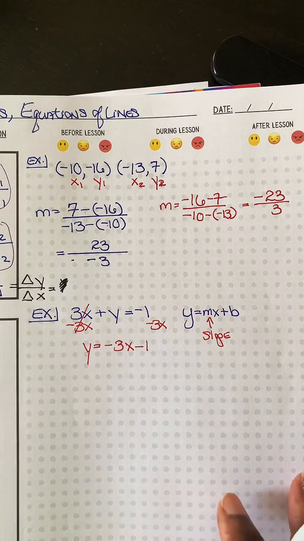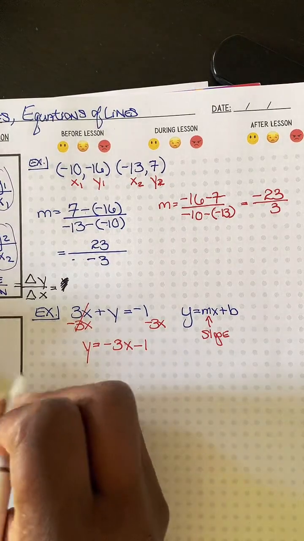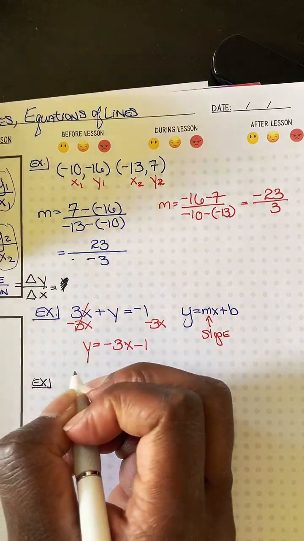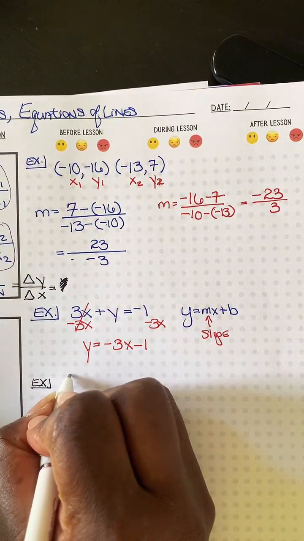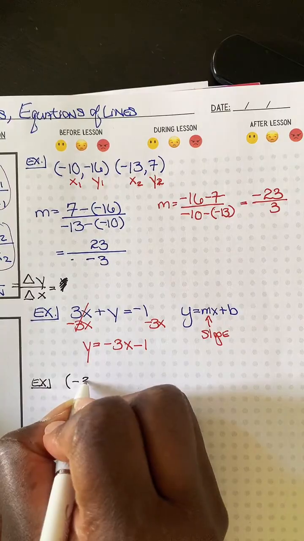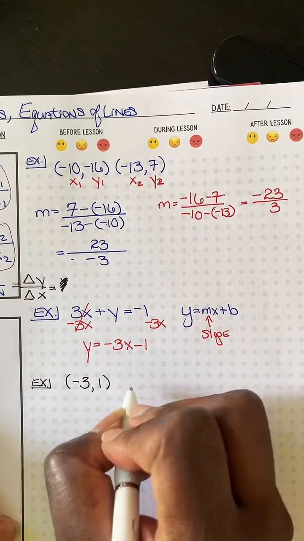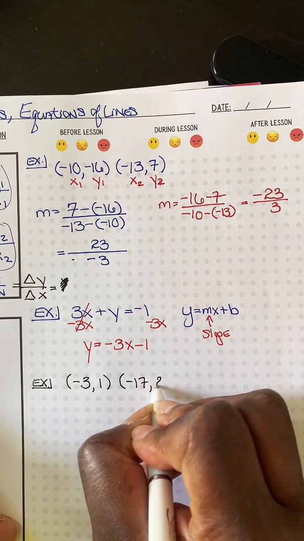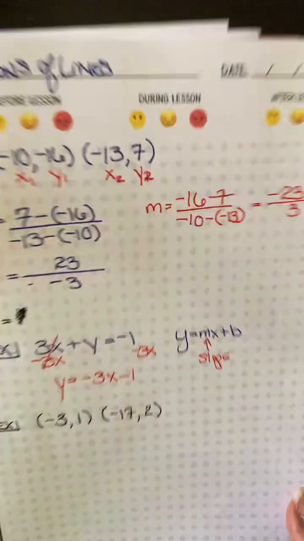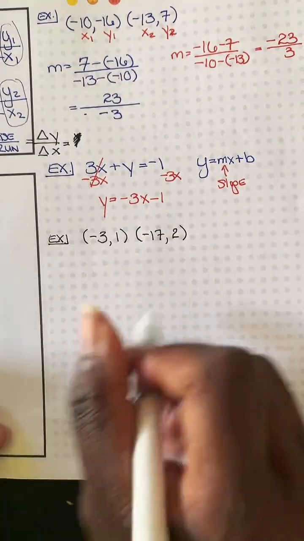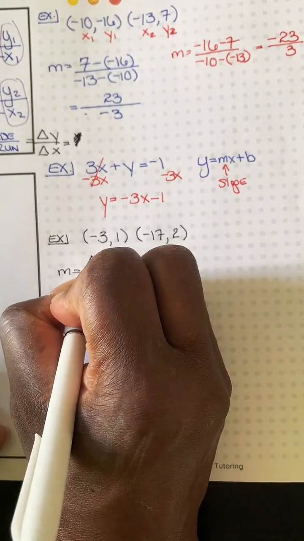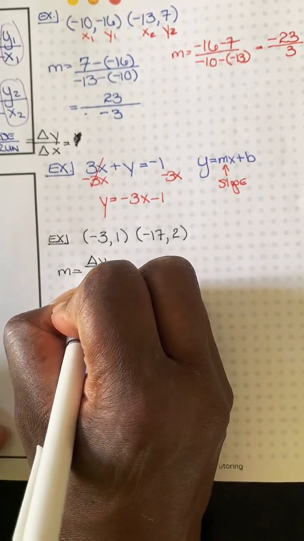So when we're looking at slope, I'm going to try a different one. If they give us two ordered pairs, let's say (-3, 1) and (-17, 2), we need to find the difference of your y's over the difference of your x's.